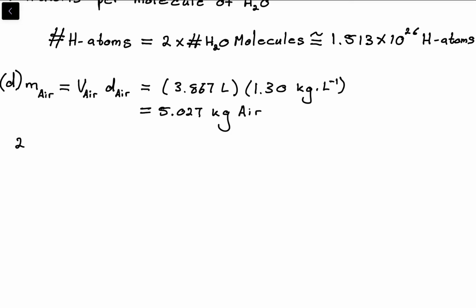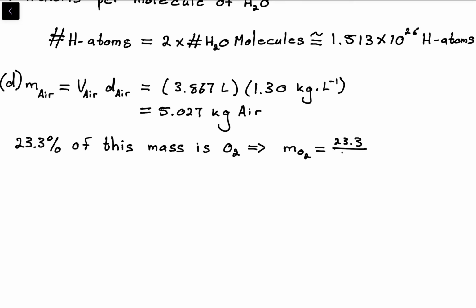Now 23.3% of this mass is oxygen. So that means the mass of oxygen is equal to 23.3 divided by 100 multiplied by the mass of air.